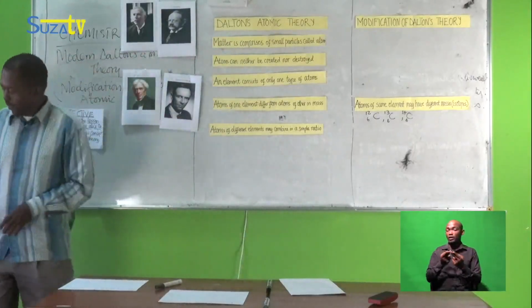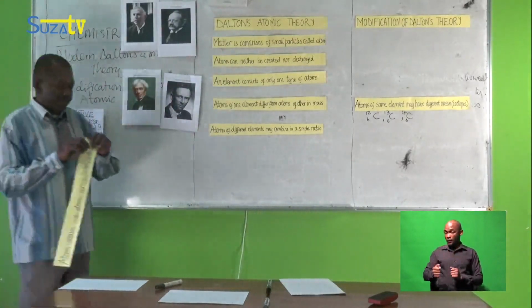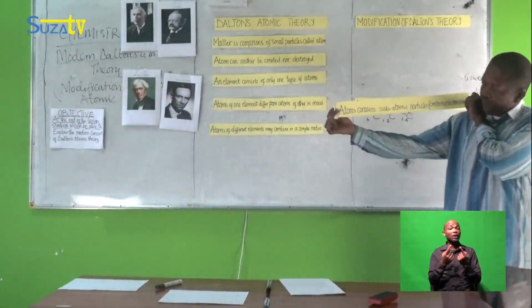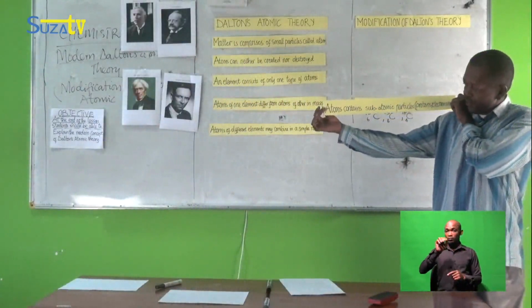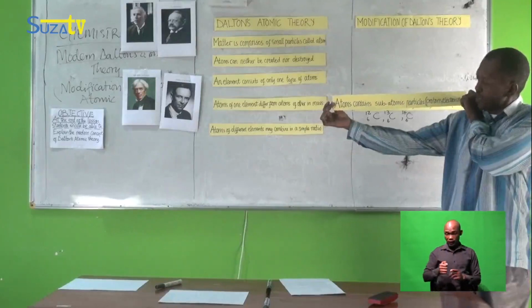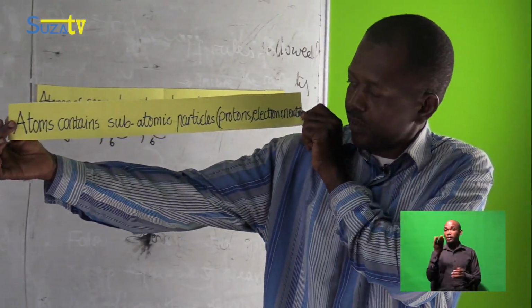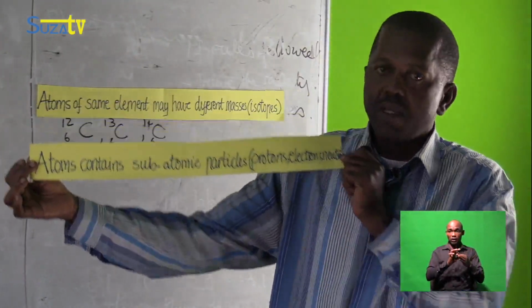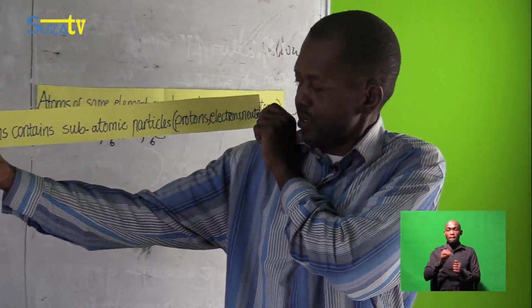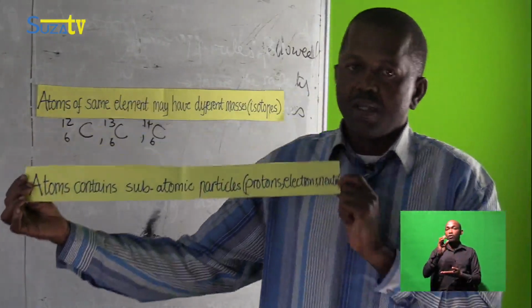Okay, now I take another one randomly and show you. It says atom contains subatomic particles, which are protons, electrons, and neutrons.